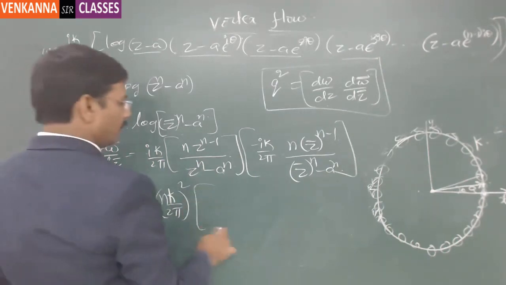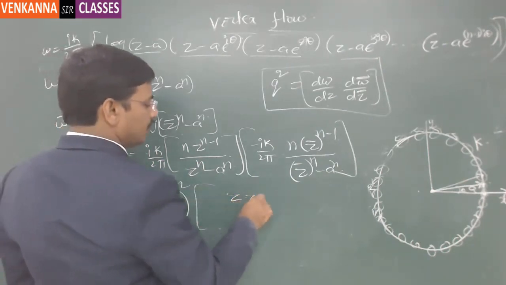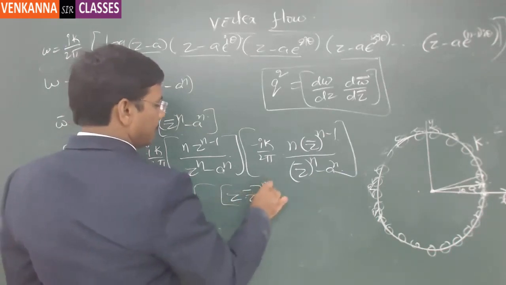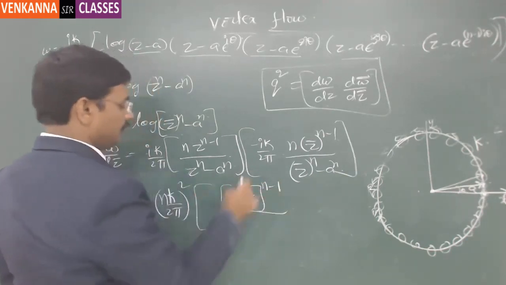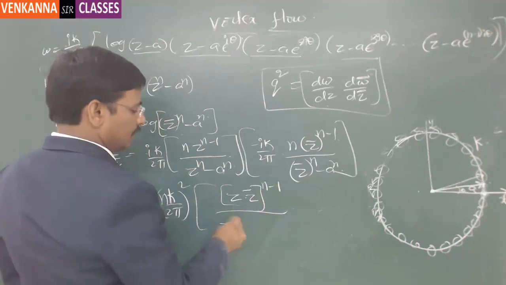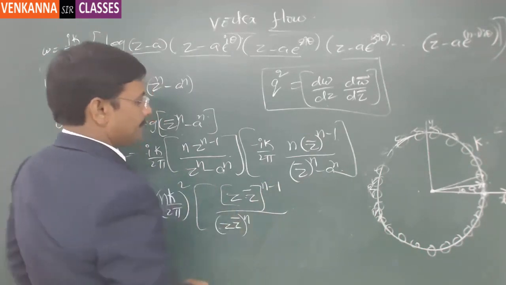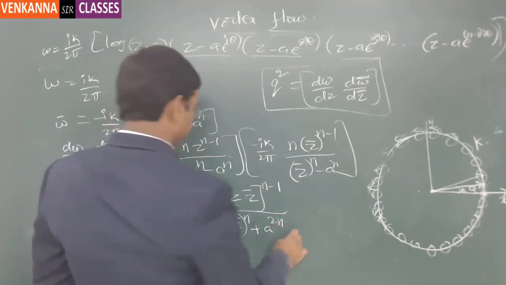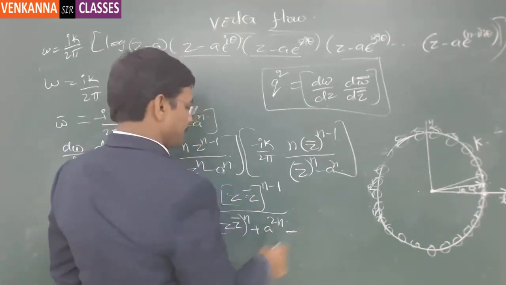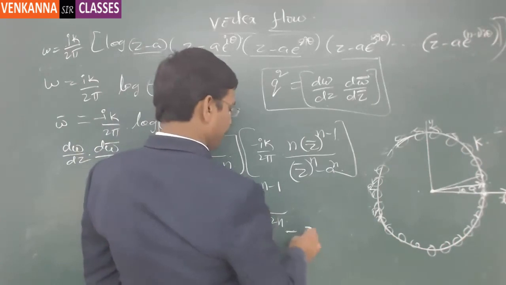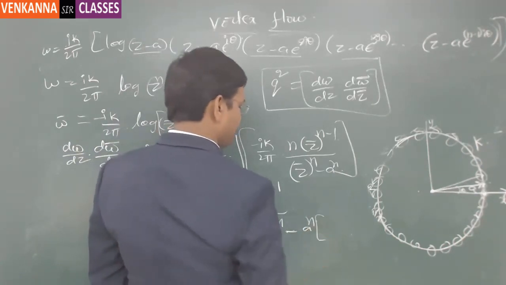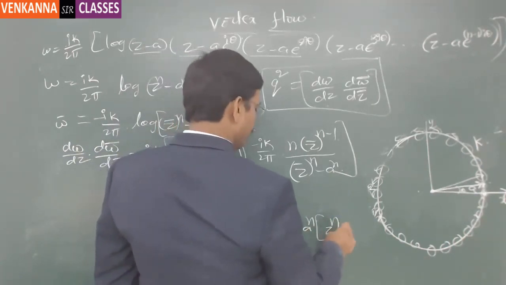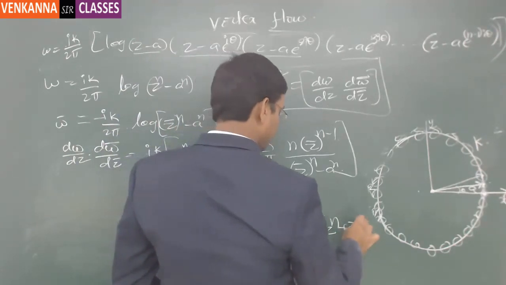And then the numerator will be (z into z bar) whole power n minus 1 divided by (z into z bar) whole power n plus a power 2n minus a power n into (z power n plus z bar power n).